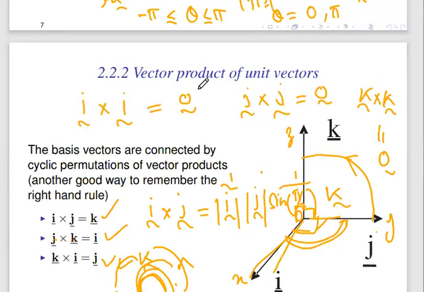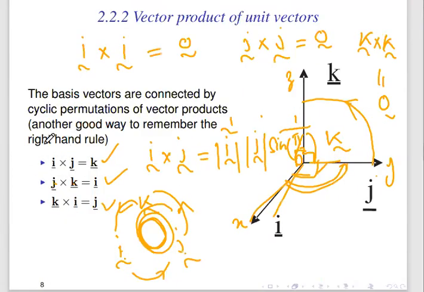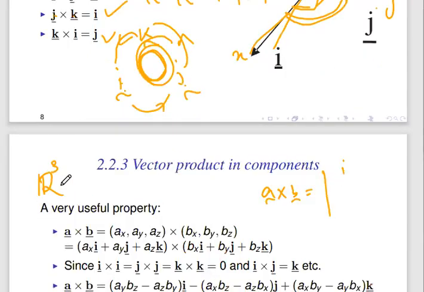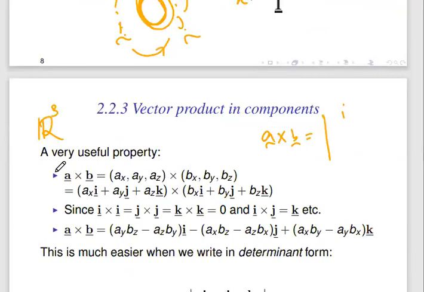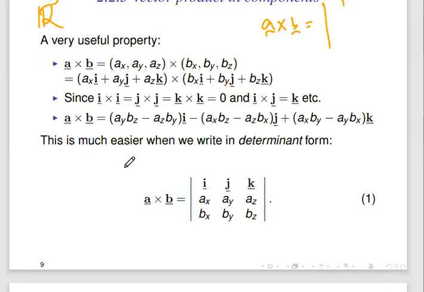So we have this result: I cross I is equal to 0, J cross J is 0, K cross K is also 0. And we have this result. So we can find this cross product. How do you find it?